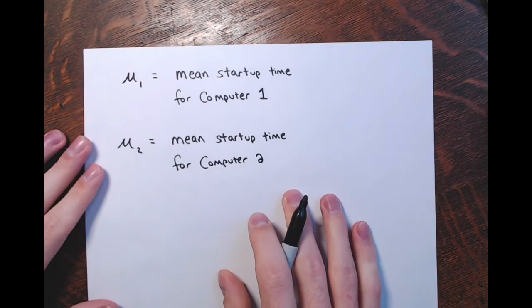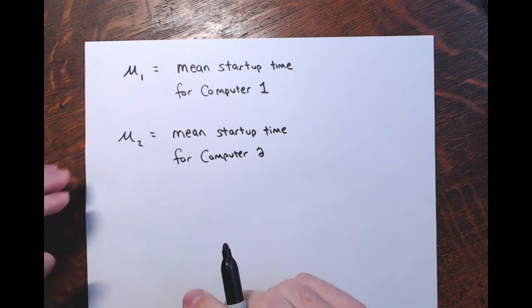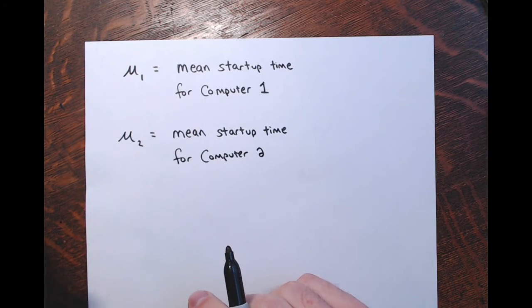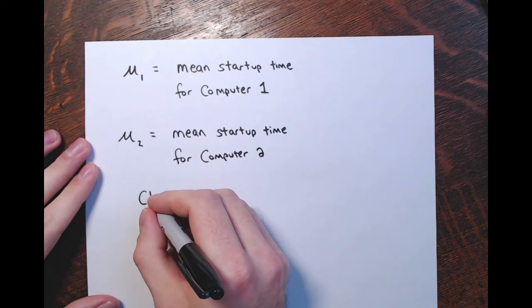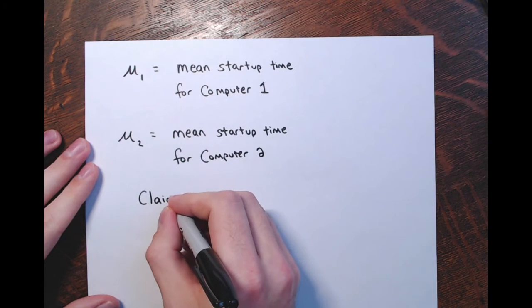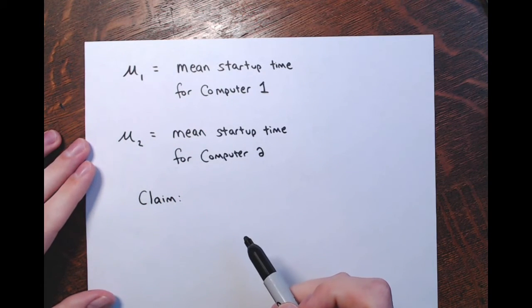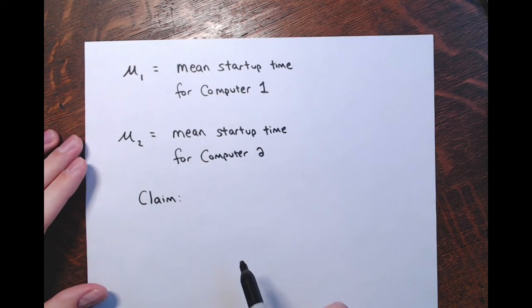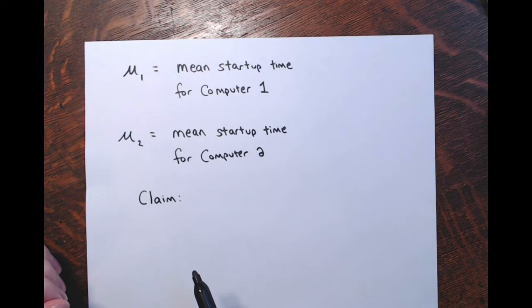Then, just like with any hypothesis testing, they're trying to determine if computer 1 starts up faster than computer 2. So the claim here would be that the startup time for computer 1 is less than for computer 2 on average. If it starts up faster, it has a smaller startup time.